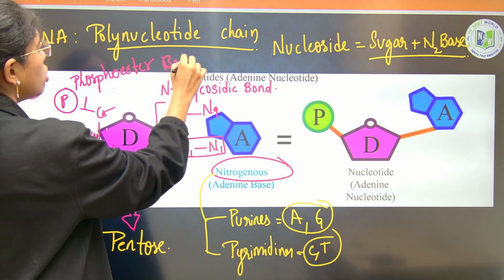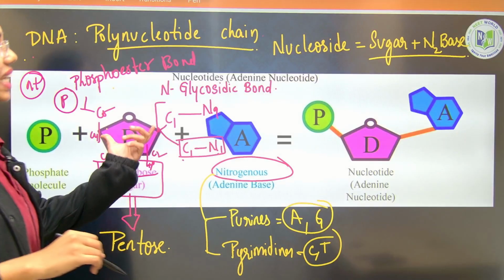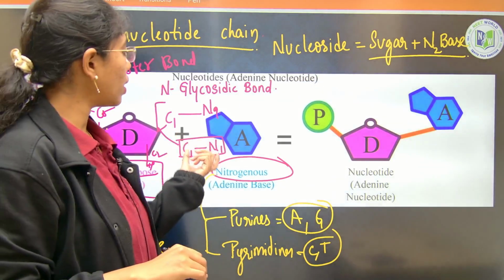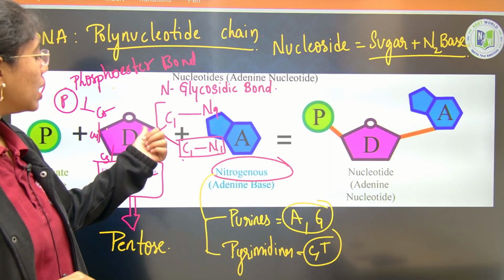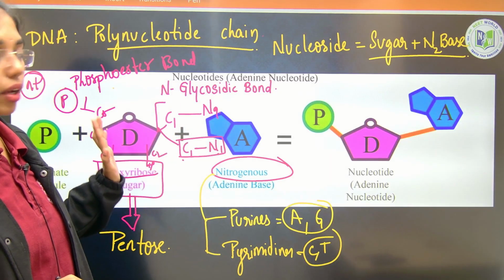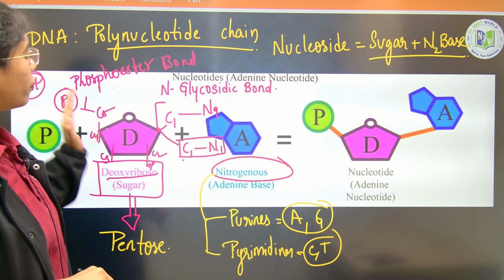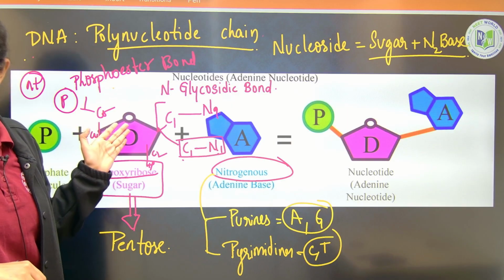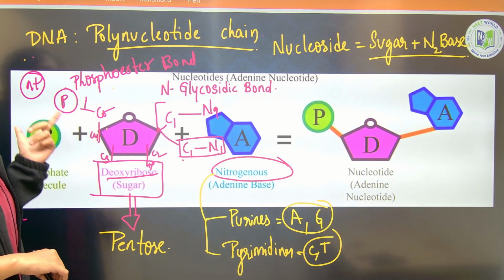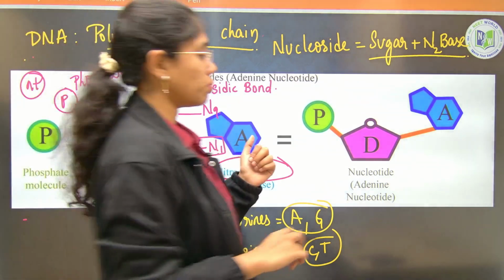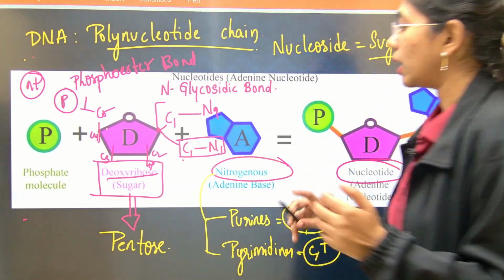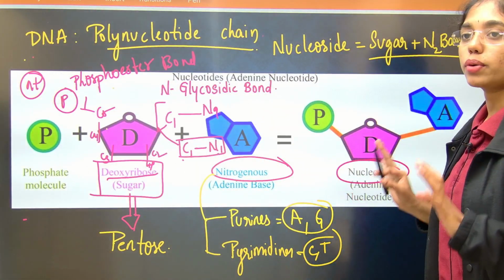So remember students, for a single nucleoside, what bond is required? The N-glycosidic bond, which is C1 to N9 of purine, C1 to N1 of pyrimidine. And to the 5th carbon of this nucleoside, the phosphate group is attached by a phosphoester bond, and then it forms what? A nucleotide. This is how a complete nucleotide is formed.